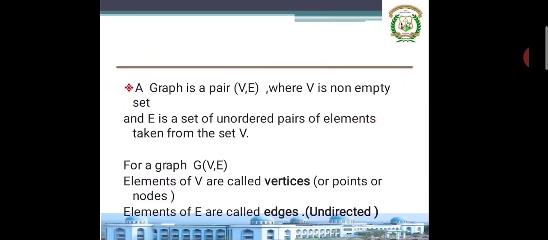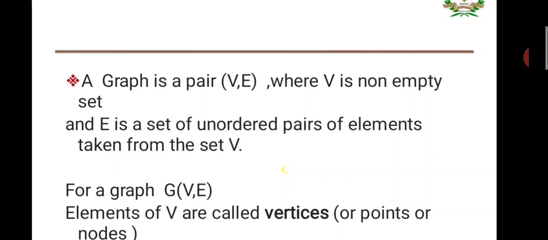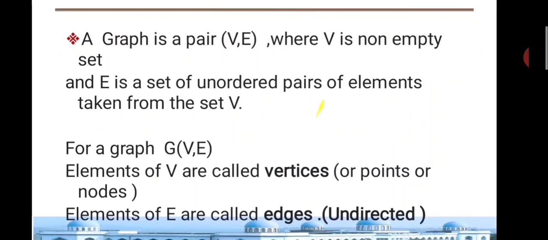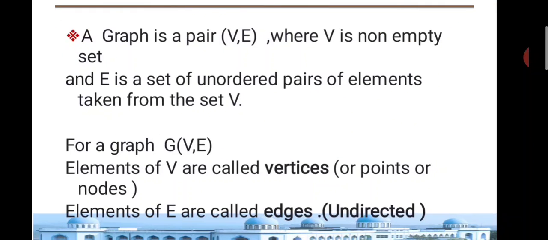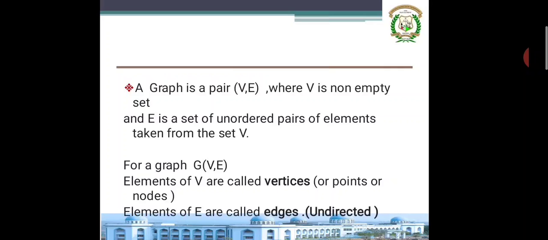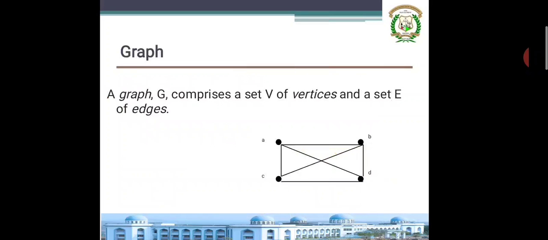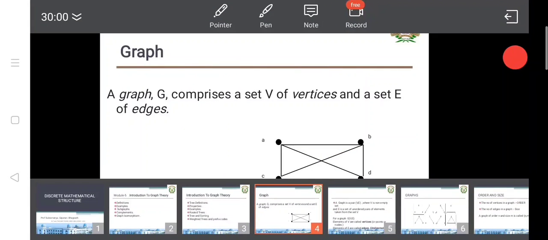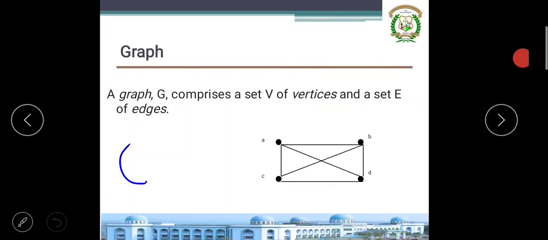A graph is a pair V and E, where V stands for non-empty vertices, and E is a set of edges. Let me tell you G of V, E, so the concept will be very clear to you.